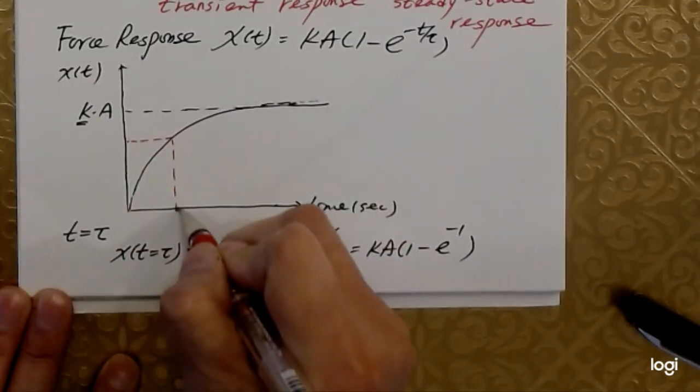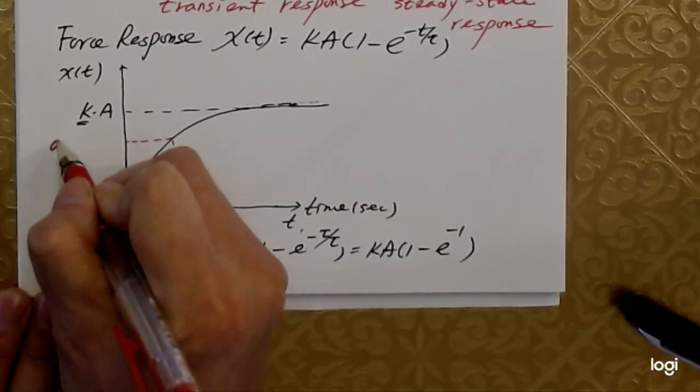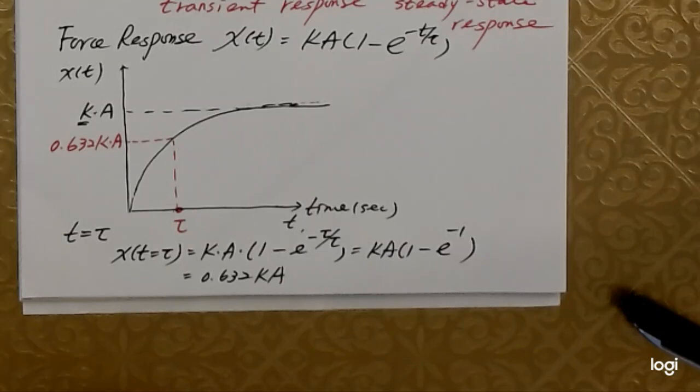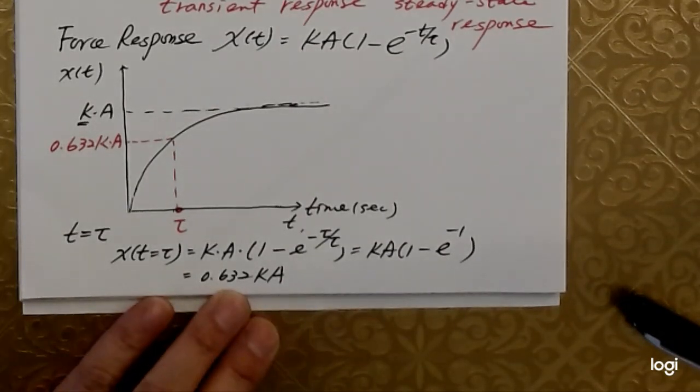At this point, t equals tau, the output is 0.632 K times A.